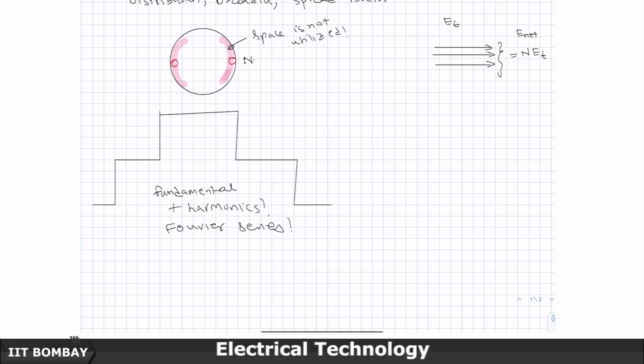And see, this B of theta is going to be B1 cos of theta plus B3 cos of 3 theta, some even harmonics are not there, I am assuming for the time being, and so on, B5 cos of 5 theta and so on.